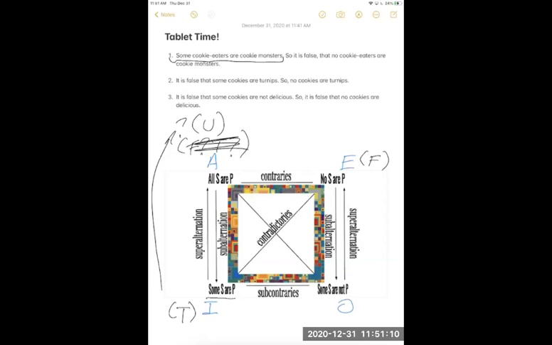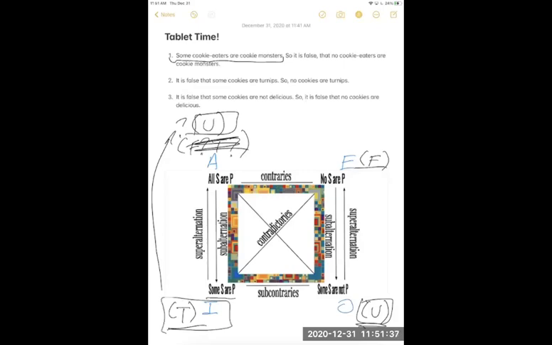And by the way, because the A is undetermined, the O is also undetermined. Remember, down here, the I and the O can both be true, or they can be true and false. So we don't know what's going on with O. In this case, we have two undetermineds, and we have a true and a false. That's all we can know if we begin with a true I statement.